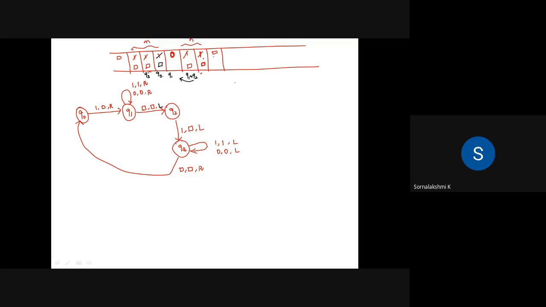Right, now Q2 sees this zero delimiter, which means subtraction is done. But this last replacement is imbalanced. The last blank is imbalanced.